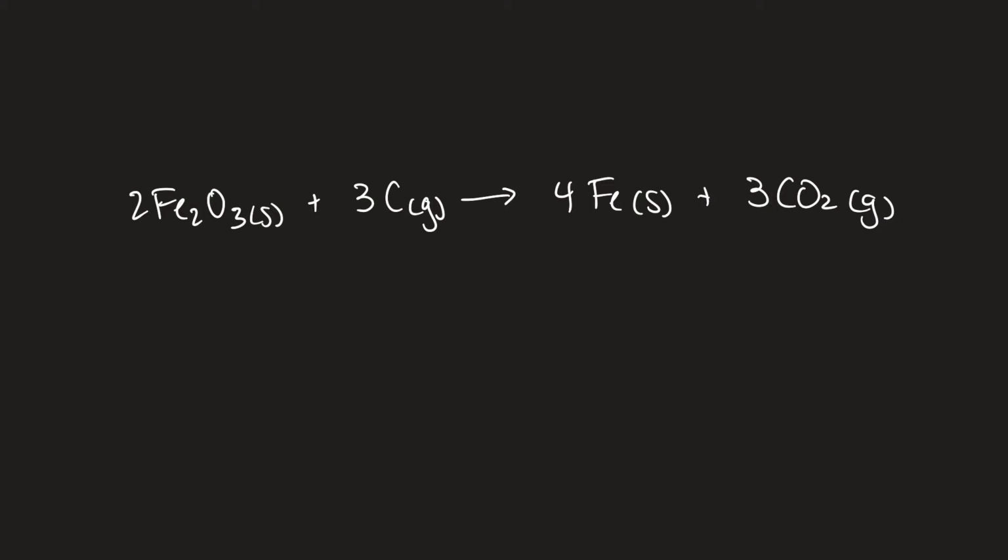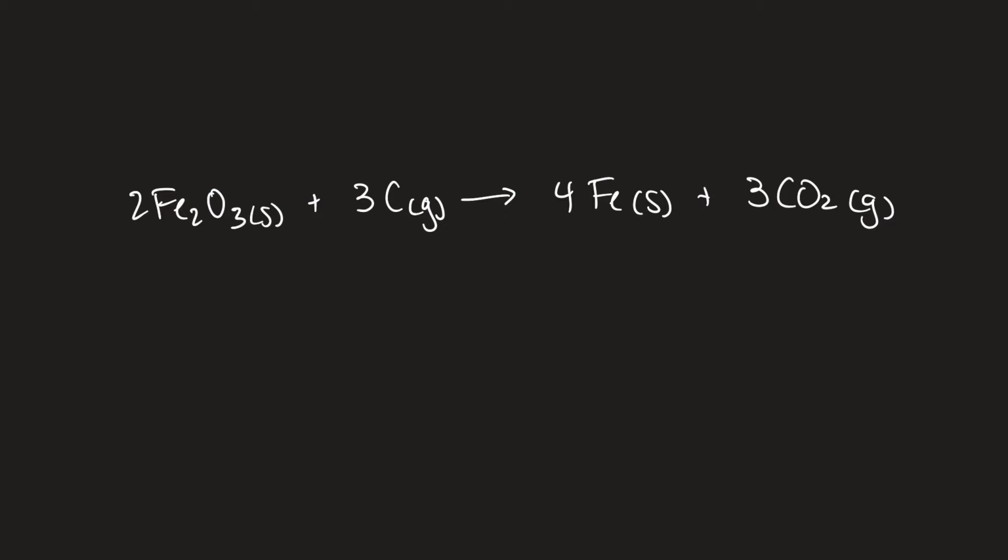Okay, and so this is a redox reaction, all right, but to prove that it is a redox reaction, you need to find the oxidation numbers for each of the atoms here, okay? And so that's what we're going to do.